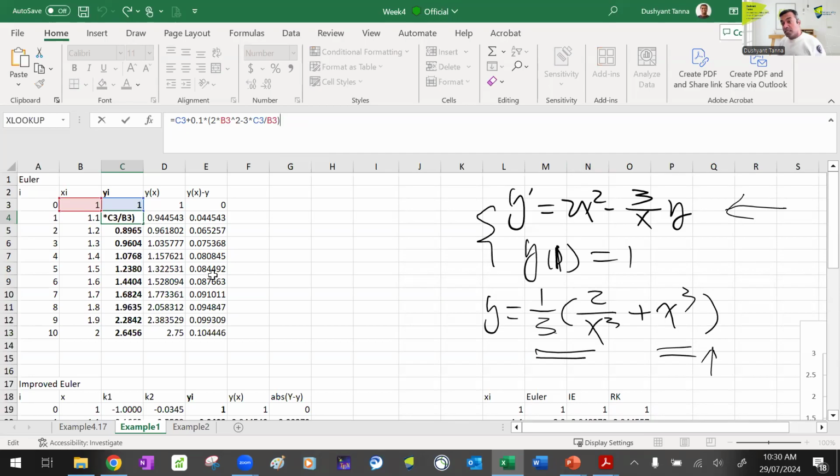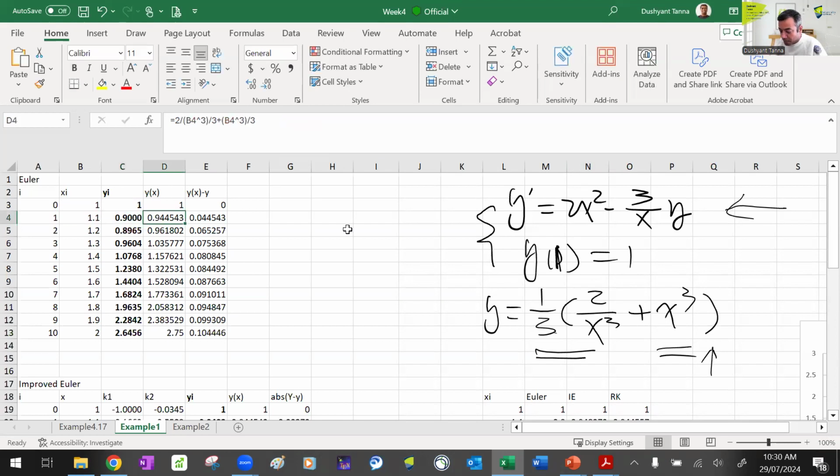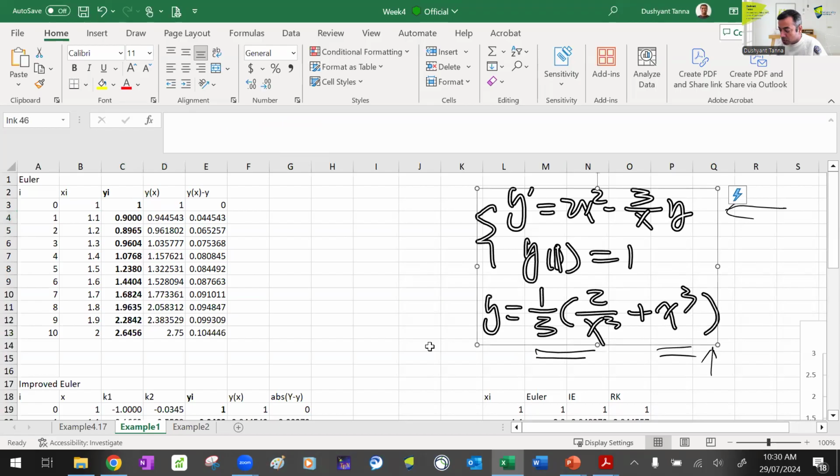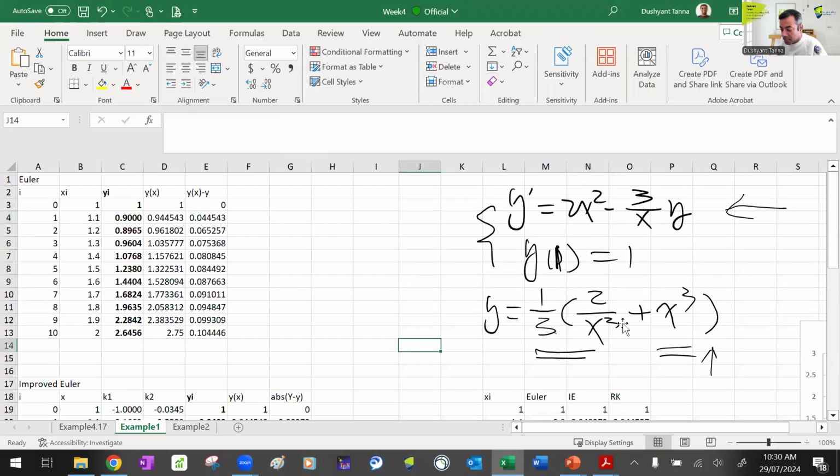Remember, in the Euler's part, you are referring to the previous thing. If you're talking about y1, it takes care of the x0, y0. Then y2, you're taking care of the previous y1, x1, right? And then your solution, which is this, y is equal to 1/3 of 2 over x3 plus x3. This is right how you write in the formula. And then, obtain everything.